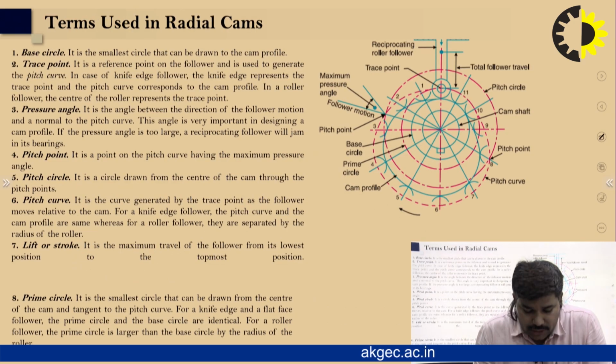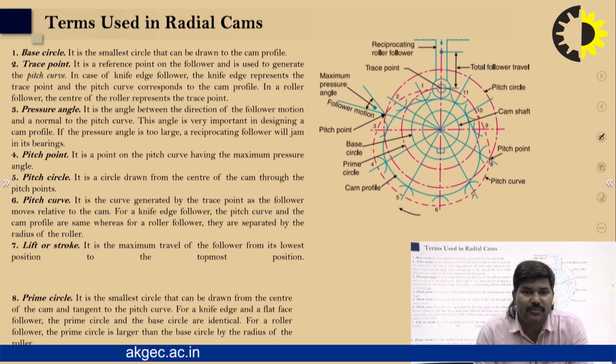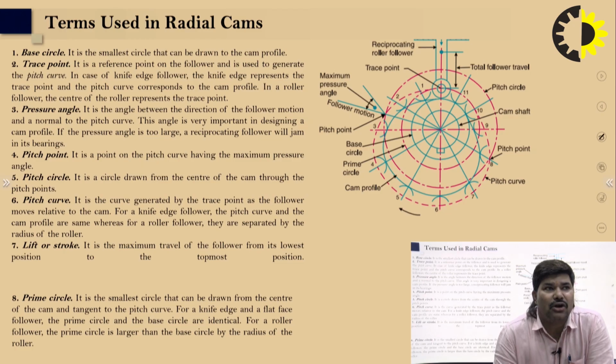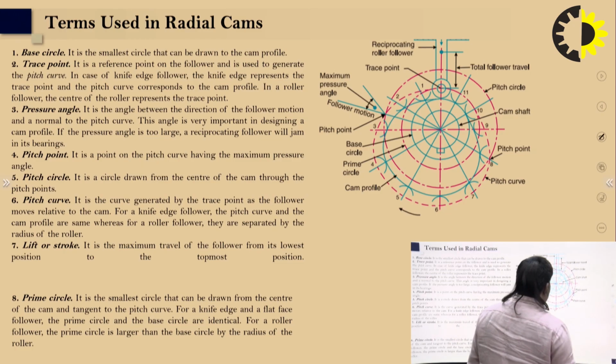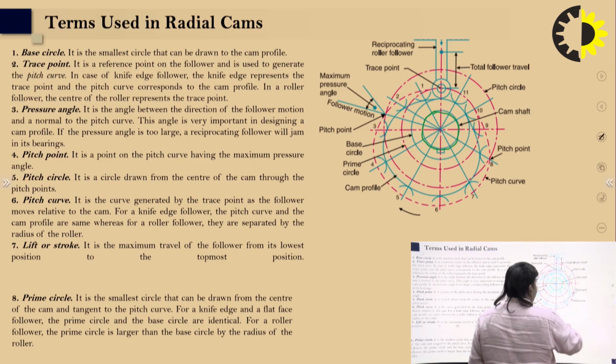Now some terminology used for radial cams, with some basic points. First of all, the base circle. The base circle is the smallest circle that can be drawn on the cam profile. Here, this is the cam shaft, right?